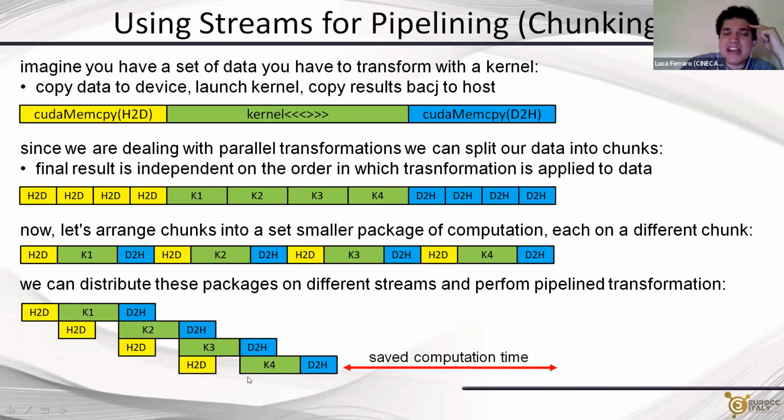Here we are declaring 4 independent streams. We assign the transformation operations for the first chunk to stream 1, and the second chunk to stream 2. The same for stream 3 on chunk 3, and stream 4 for chunk 4.